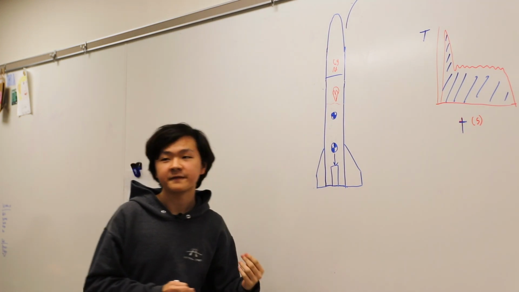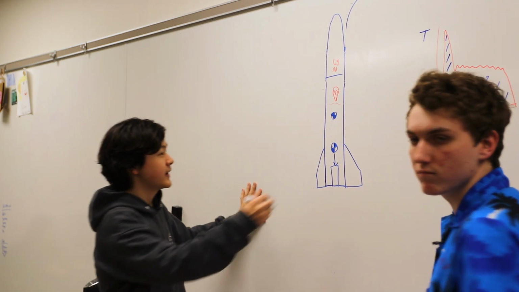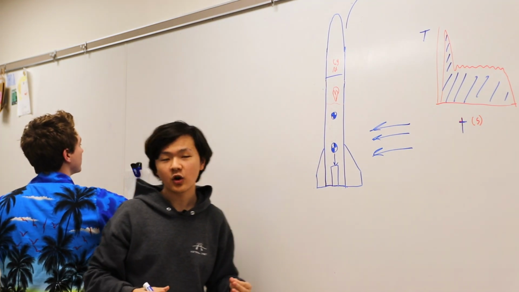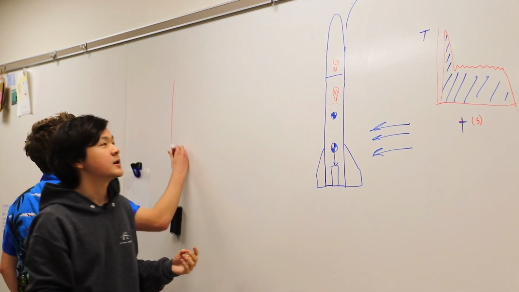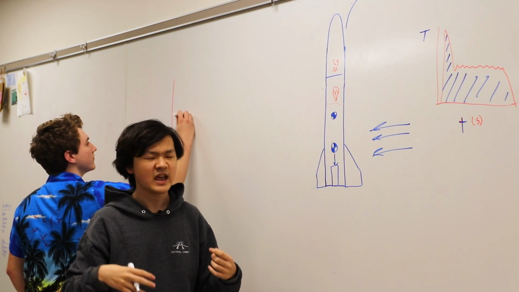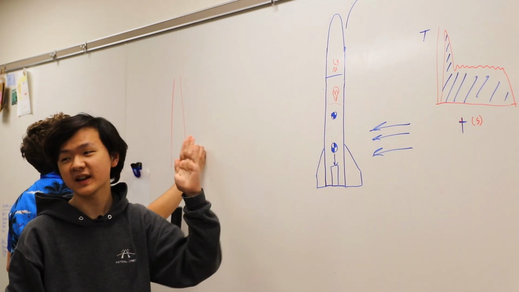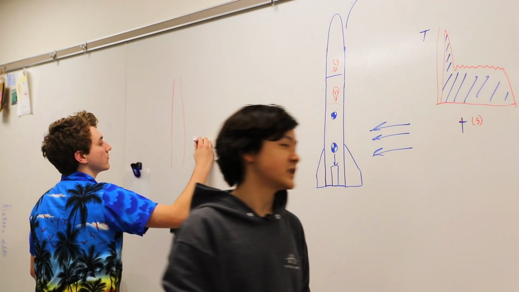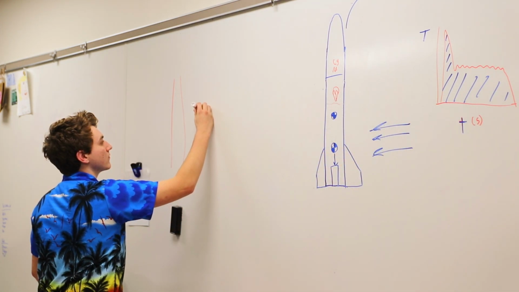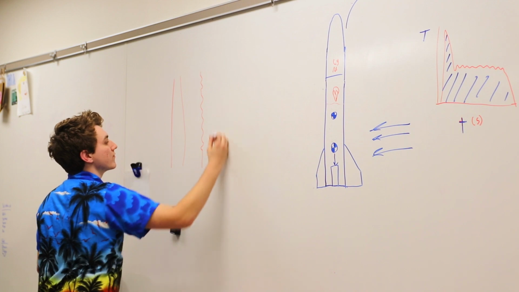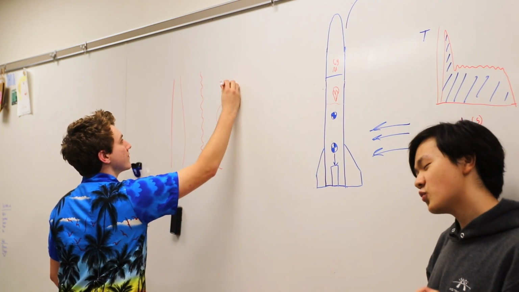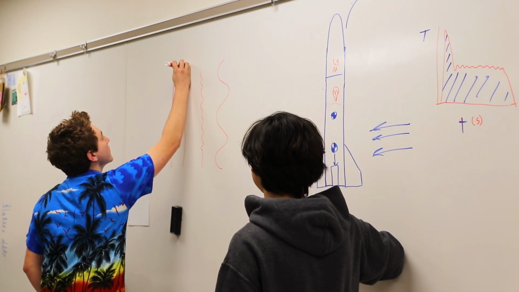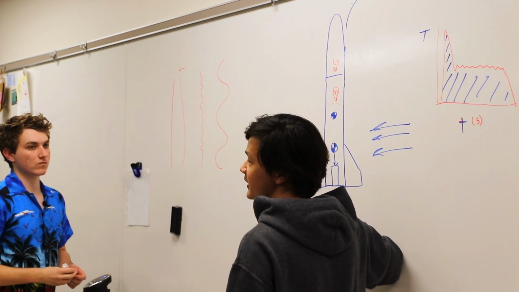For example, if there's wind, any sort of air current will cause it to move sideways a little too much, and that's not what we want. In TARC, what we're trying to do is reach a certain altitude. So we neither want too large a fin nor too little a fin. That's the premise behind fin design.